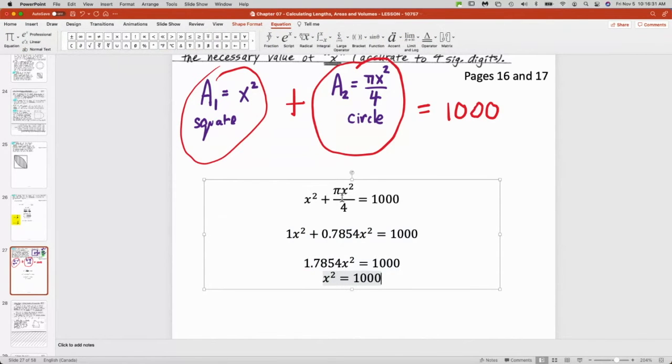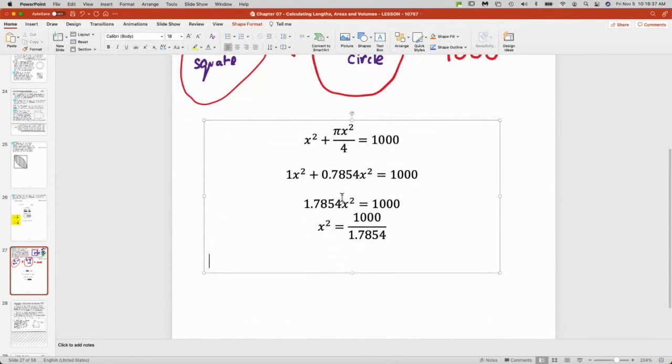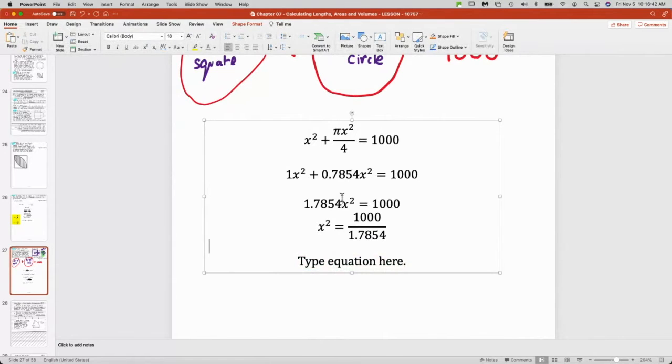x squared is going to equal 1,000 divided by that. And then you can square root that. I'll turn it into a decimal first: 560.099.